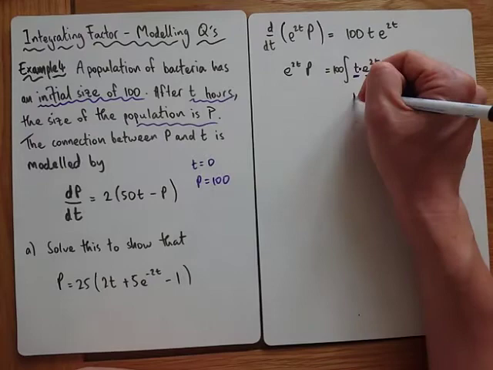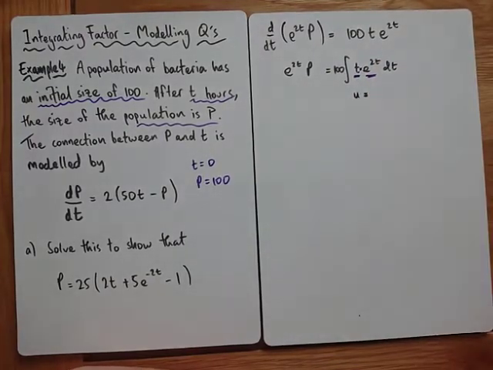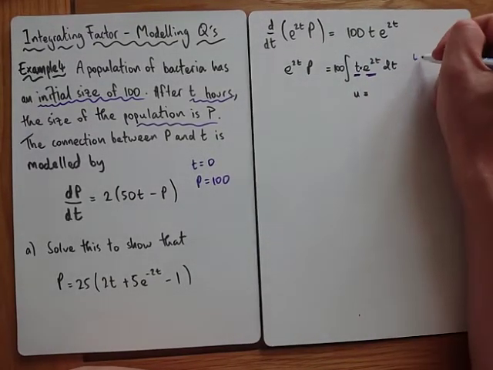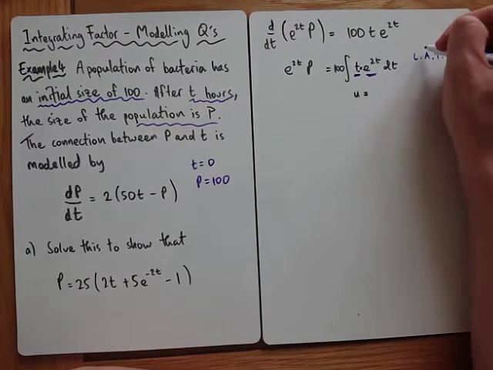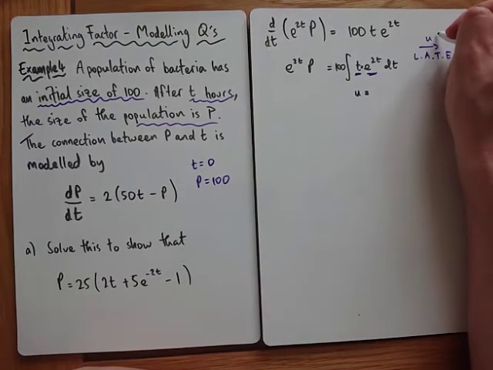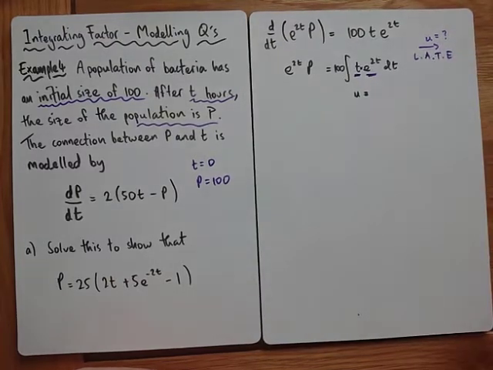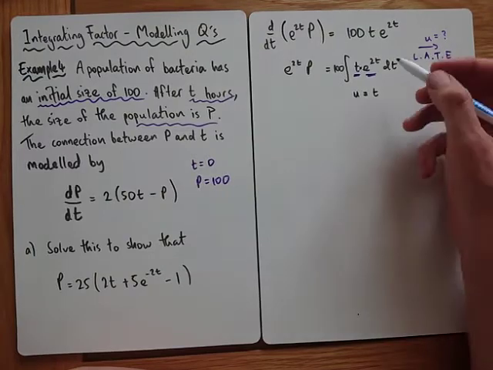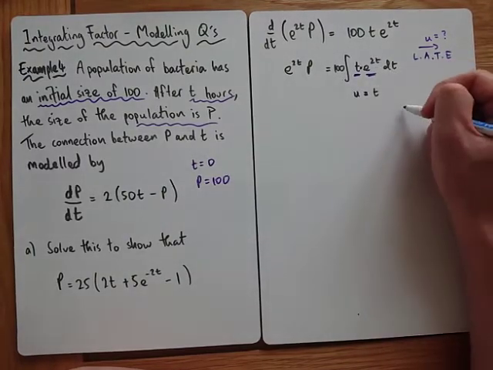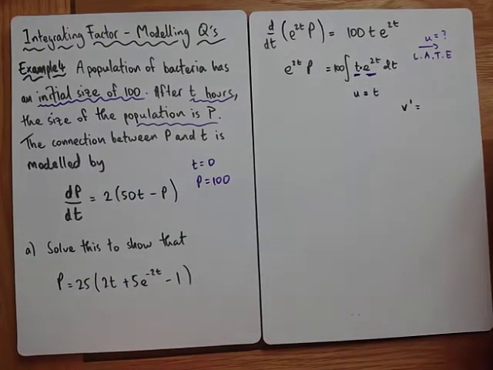So u would equal, remember, if you're not sure, the LATE rule will help us decide what to let u equal. So we're going to let u equal t. That means this one is the derivative. I'm just going to call it v dash because then I don't have to worry about whether it's dv by dx or dv by dt.